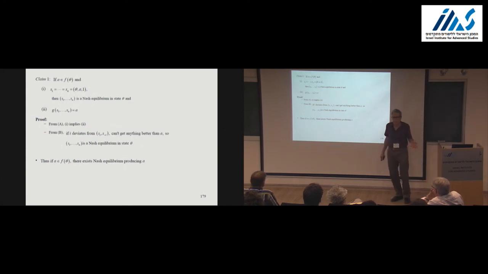Any questions about that? Okay, so all that we have to do now is show that every Nash equilibrium leads to an optimal outcome, that there are no non-optimal equilibria. Now, there are three ways we could get non-optimal equilibria potentially.